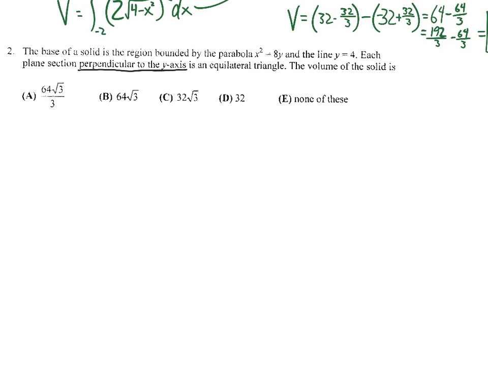Since we're given that x squared is 8y, we're going to have to rewrite this as x equals a positive square root of 8y, which is 2 root 2y, and also x equals a negative 2 root 2y.